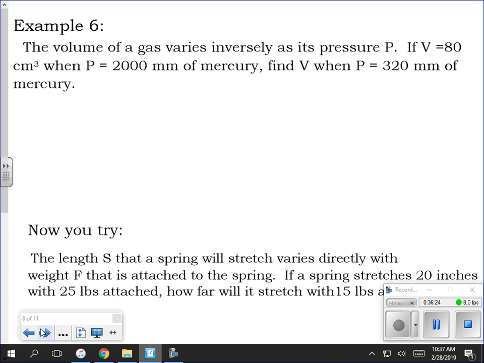So inversely means that gas and pressure are going to be multiplied. P times V equals P times V. Inversely means multiplication. P and V for volume. V times P equals V times P. That's my relationship. And then you just plug them in.